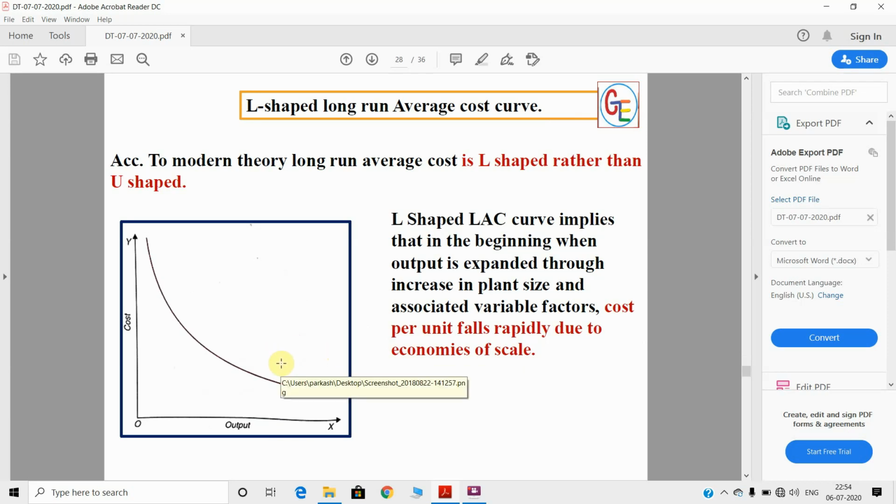Due to only one reason, economies of scale, as the output increases, the per unit cost declines. So that is the main reason behind the L-shaped LAC curve rather than U-shape, according to the modern economist, not the traditional. These are very important points.